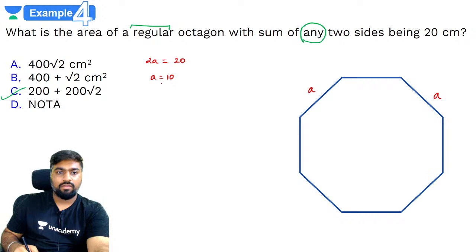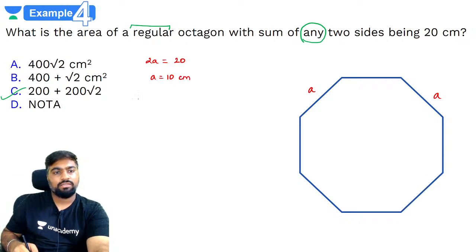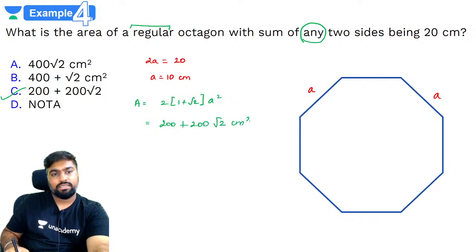If we find one of the sides, then we can directly go for the area formula, which is 2 times (1 plus root 2) times A square. A square is 100, so that gives 200 plus 200 root 2 centimeter square.